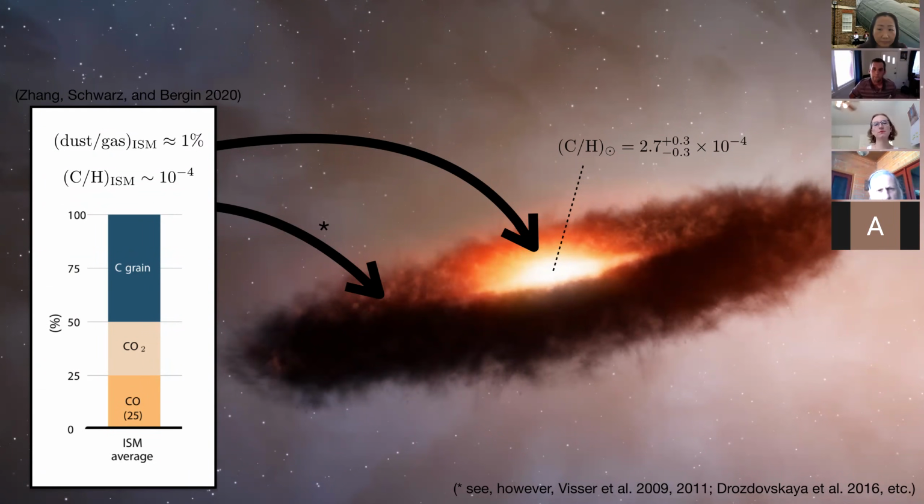Yeah. Okay. And for the carbon, typical numbers, though they can vary a bit, it's like 50% of the carbon is in refractory. So this can be carbon-rich grains or long carbon chains frozen out on grain surfaces, and the other half is in CO or CO2.